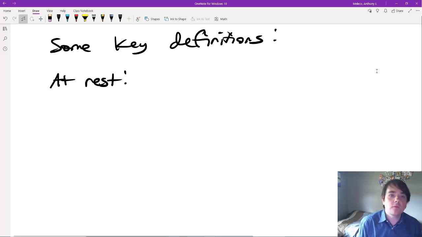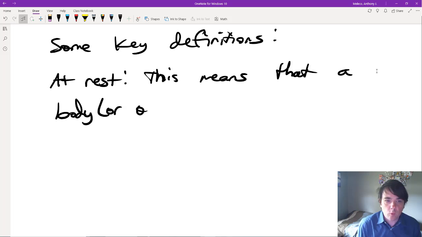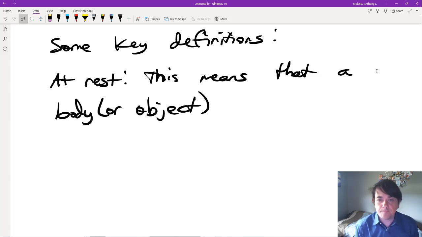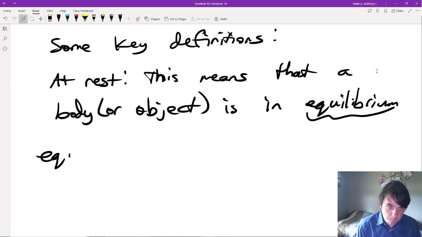This means that a body or object, however you want to call it, is in equilibrium. Now, what does equilibrium mean?